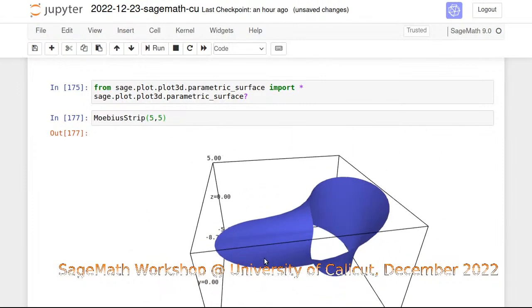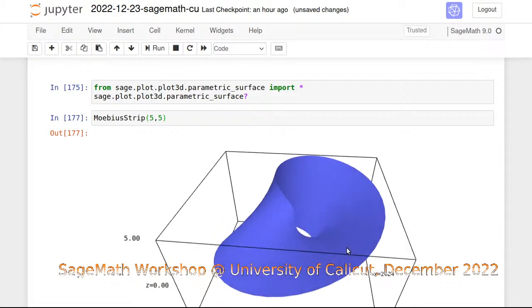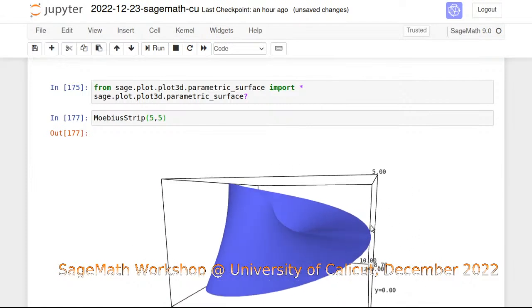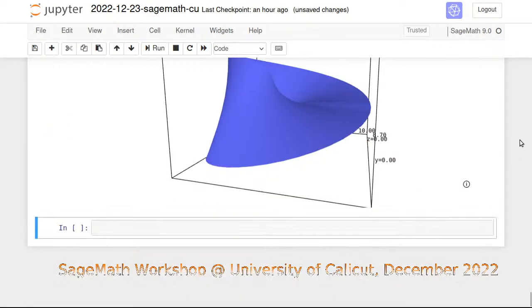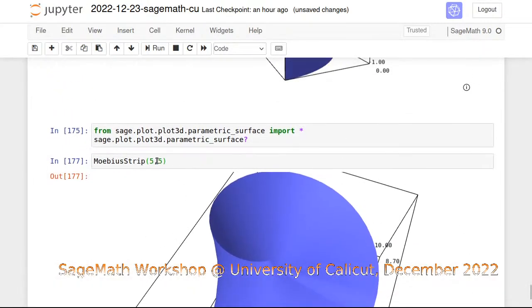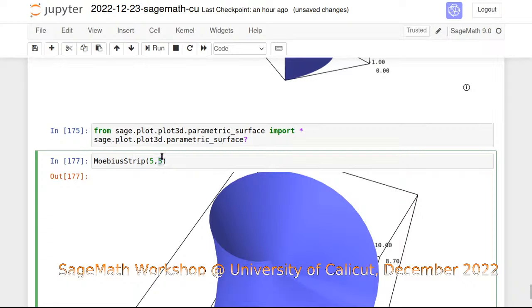How the Mobius strip is defined is not very clear to us, but what we can say is that there is an internal definition of the Mobius strip in Sage, and therefore we can straight away use it, and only 2 parameters are required to be specified. Even if you specify a much higher value, that's not going to make much sense, because the Mobius strip is a finite thing.